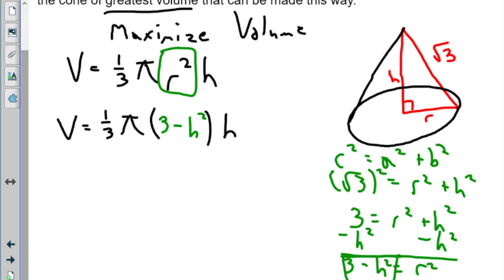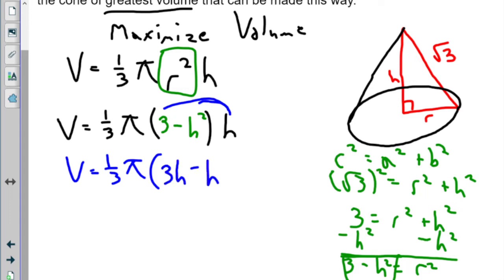And let's make it a bit easier to take the derivative, because right now it's a product rule. So I'm going to go ahead and distribute out this h. 3 times h here, and then we have h squared times h is h cubed. And now it's a lot easier to take our derivative.